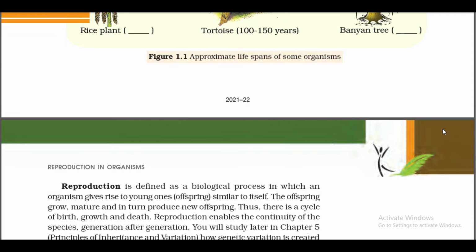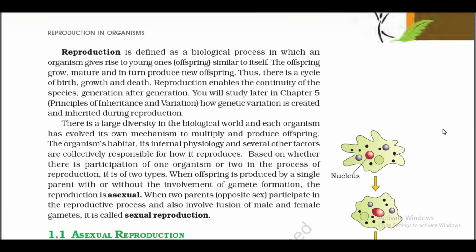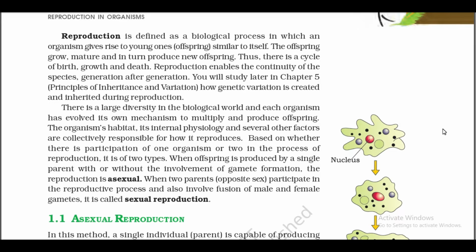Reproduction is defined as a biological process in which an organism gives rise to young ones, offspring similar to itself. The offspring grow, mature, and in turn produce new offspring. That is, there is a cycle of birth, growth, and death. Reproduction enables the continuity of the species generation after generation.